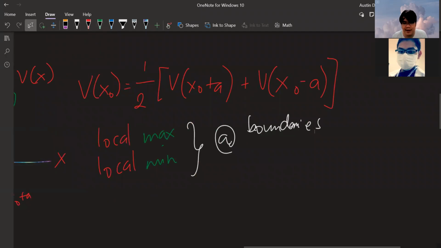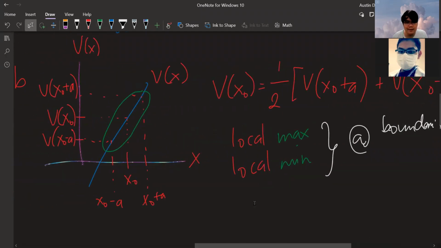Ano ibig sabihin nito? Yung maximum mo and minimum can only be found at these. Okay? So, the minimum mo ito, yung maximum mo ito.